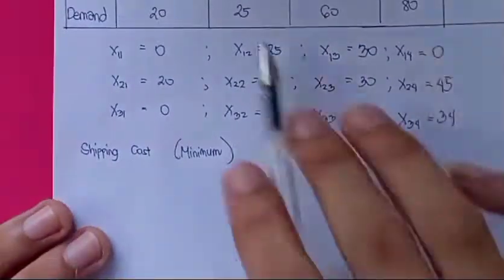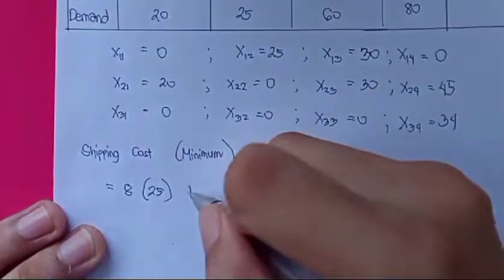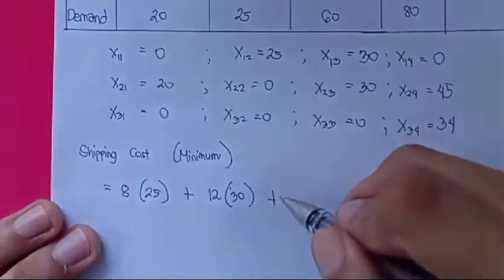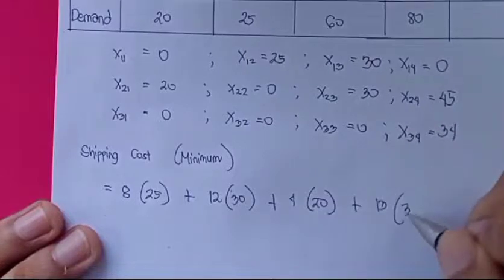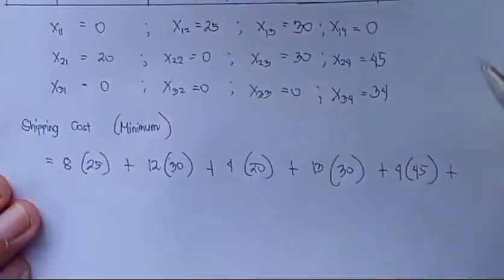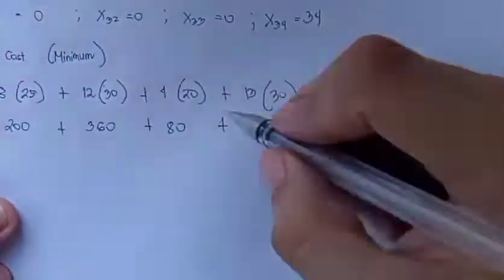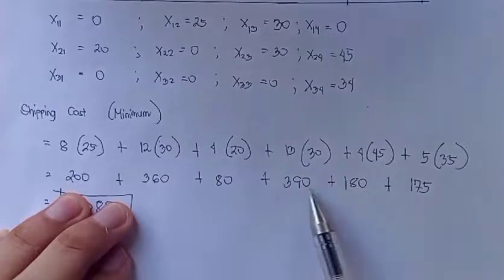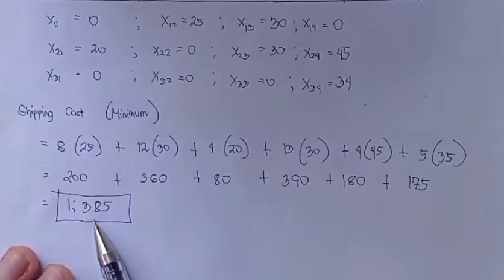Here the minimum shipping cost is 8 times 25 plus 12 times 30 plus 4 times 20 plus 13 times 30 plus 4 times 45 plus 5 times 35. 200 plus 360 plus 80 plus 390 plus 180 plus 175 is equal to 1,385.